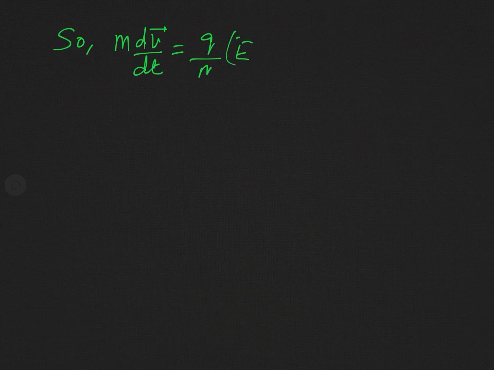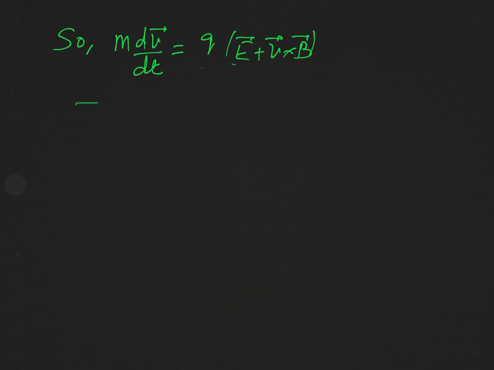We can write that m dv by dt is equal to q into E plus V cross B. This is the equation of motion of a particle of mass m and charge q moving in an electromagnetic field.